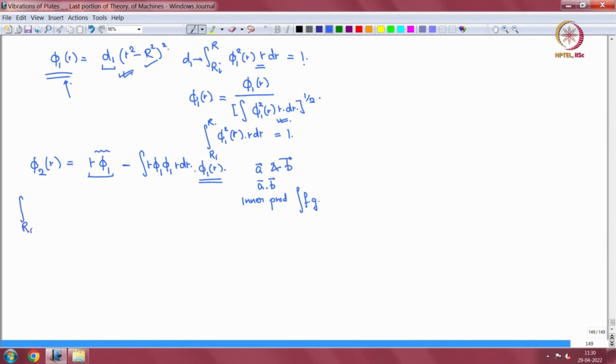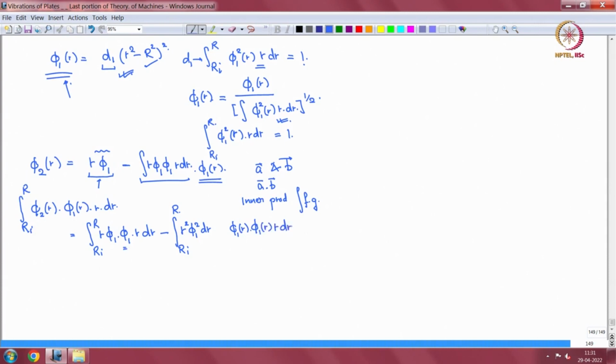So if I do inner to outer, phi 2 of r into phi 1 of r dr, then I get the integral from r i to r of this term r phi 1 into phi 1 into r dr minus, this is already integrated, which is the integral from r i to r of r square phi 1 square dr, and now I have phi 1 of r multiplied by phi 1 of r, just as I did here, bring it and integrate from r i to r, okay.